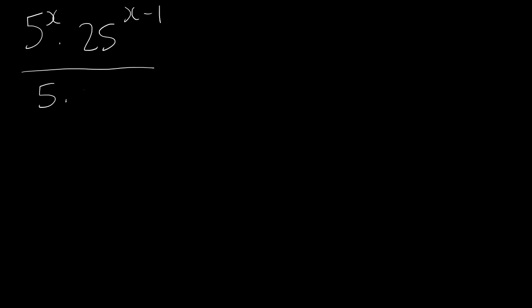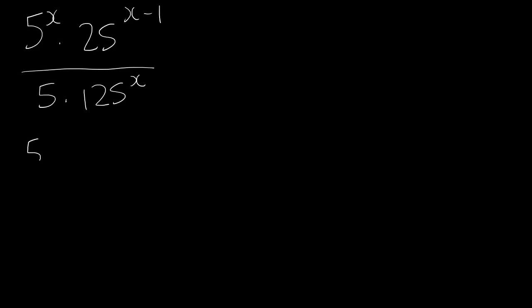So with the next one, we have 5 to the power x times 25^(x minus 1) all over 5 times 125 to the power x. So let's change all this to exponential form.